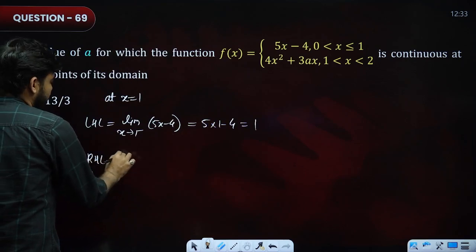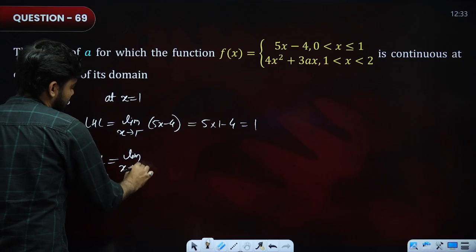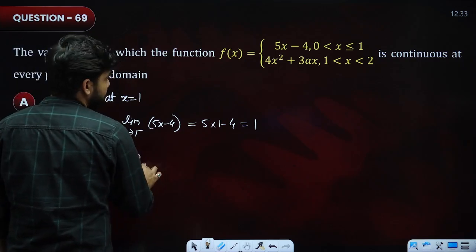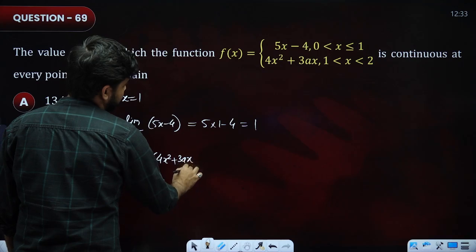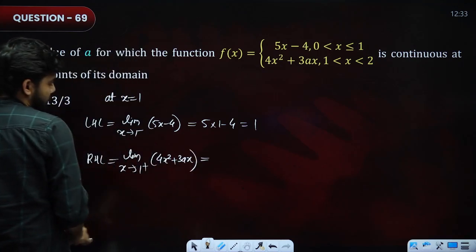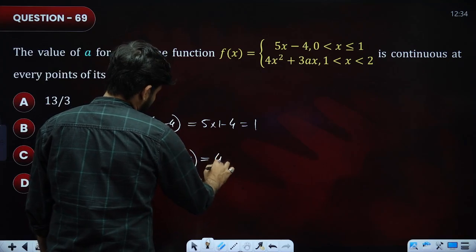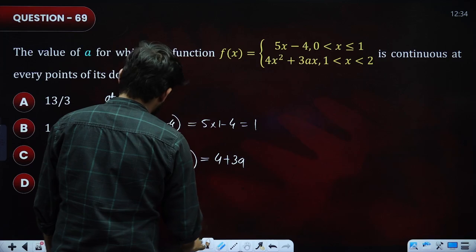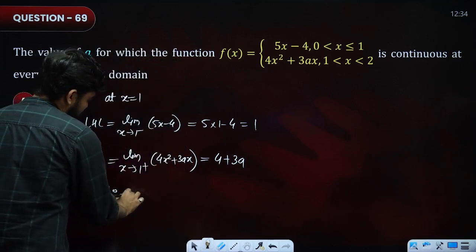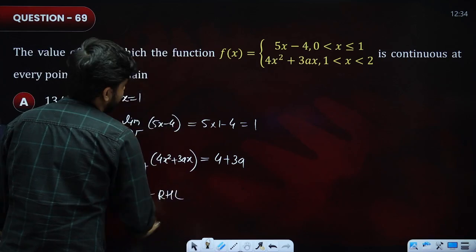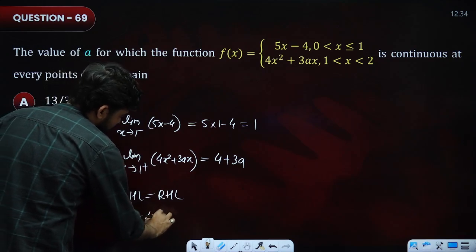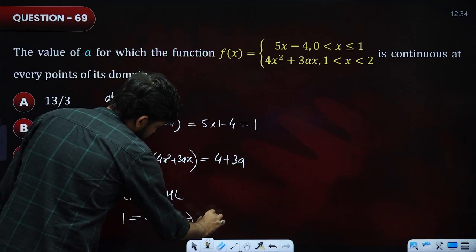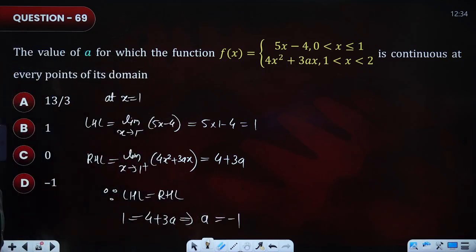For the right hand limit x tends to 1 positive, here we can write 4x square plus 3ax. So for that case, this is 4 plus 3a. Okay, and because left hand limit is equals to right hand limit, according to the question it is continuous at every point, so we can write 1 is equals to 4 plus 3a. So a is equals to -1. Option D should be the correct answer.